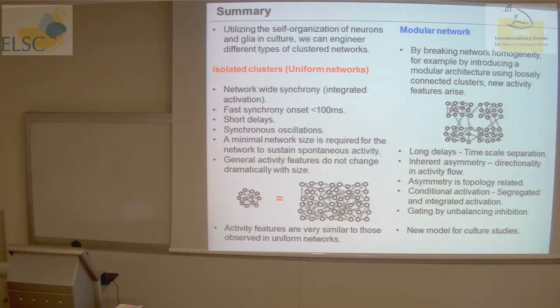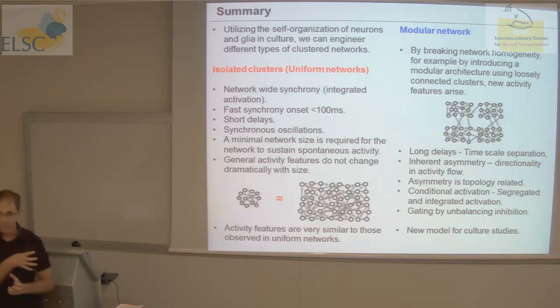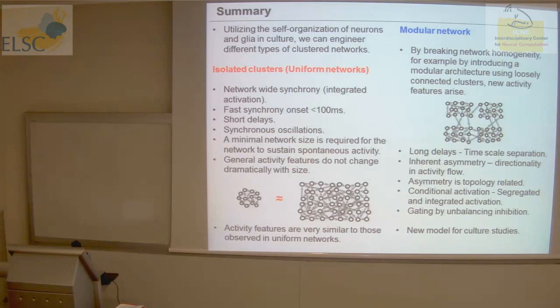So it can be important if you want to control the activity flow through the network. Now, in terms of the conditional activation, this gives you a very important tool, because in those networks you have a very wide spectrum of activations, from segregated activation within the subpopulation to integrated activation of all the subpopulations, and not only the integrated activation that you get in the uniform network.